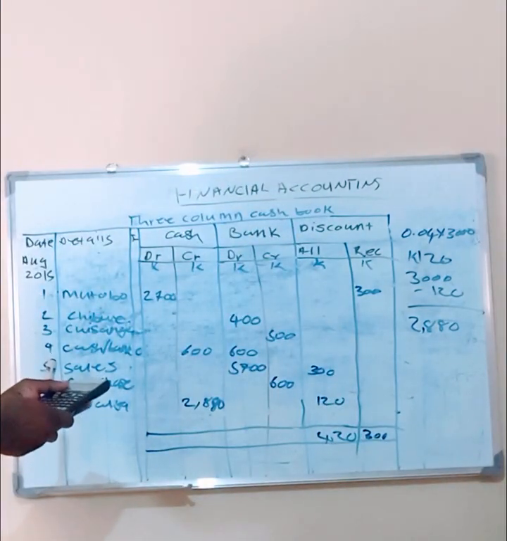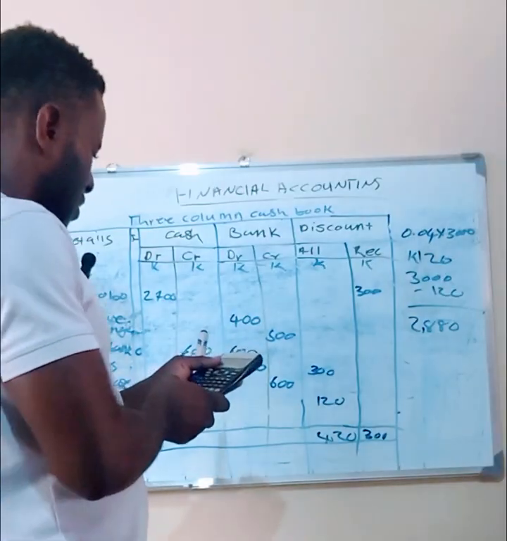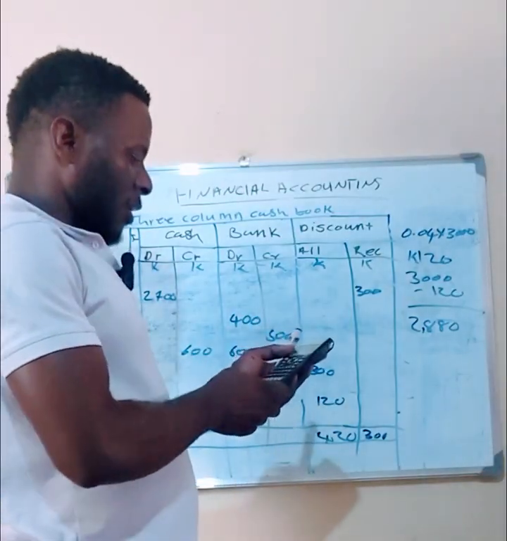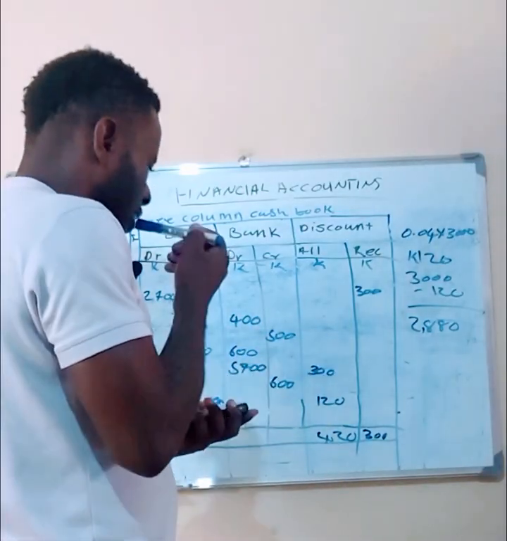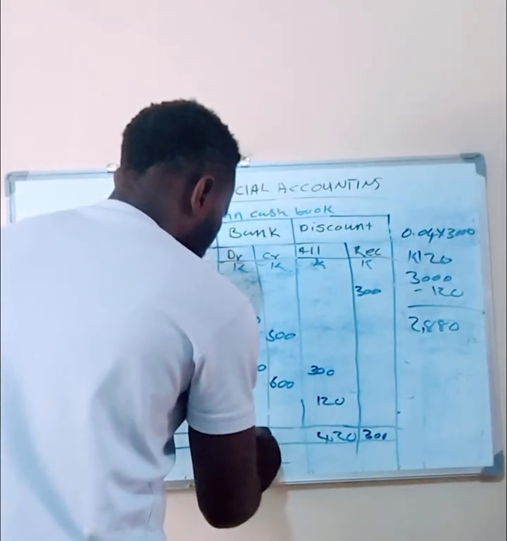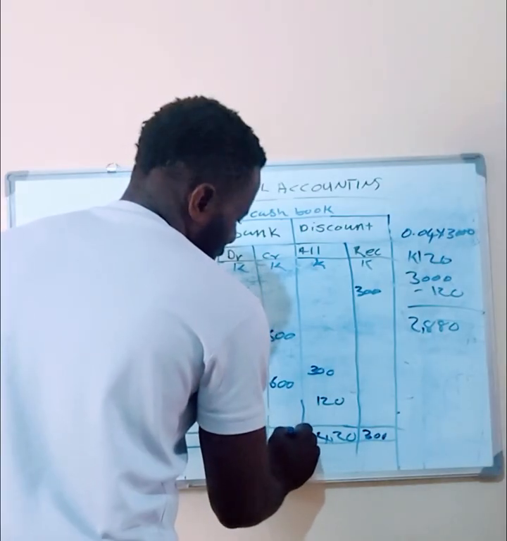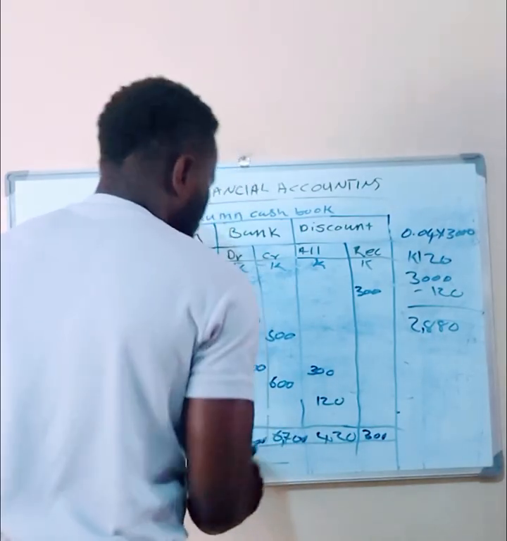So we have 400 plus 600 plus 5,000, 5,700. So we have 6,700, even here 6,700.